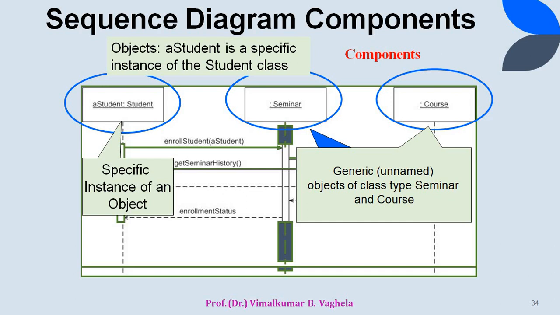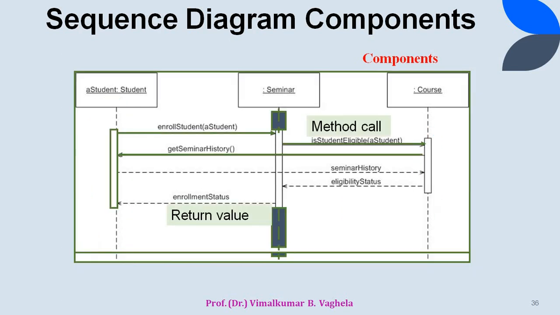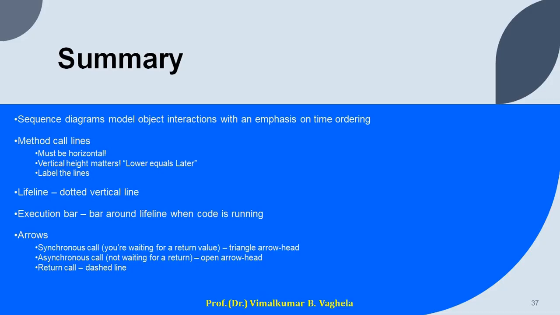You can use a generic name also, like seminar course. Another component used in a sequence diagram is the lifeline. It also shows the execution of the object. In every sequence diagram you can also elaborate the method call, and the return value can also be described. So that is all about the sequence diagram.